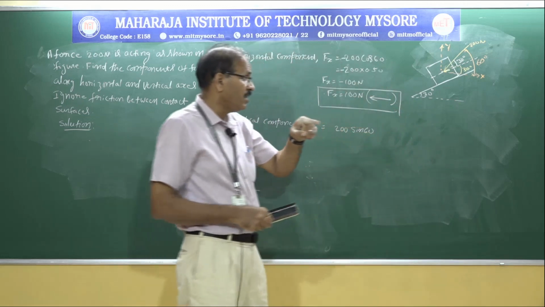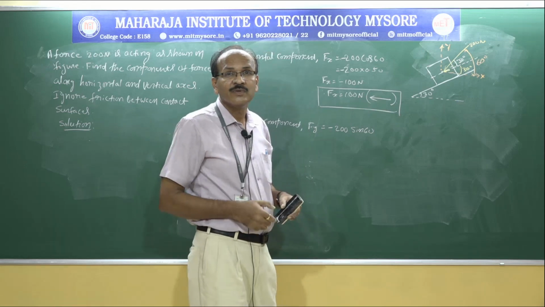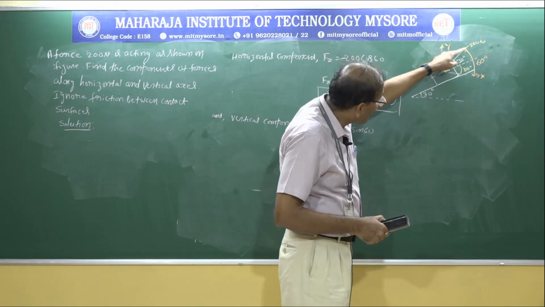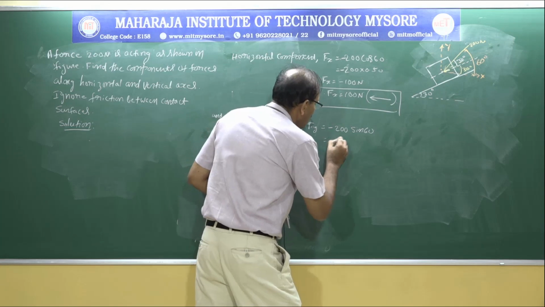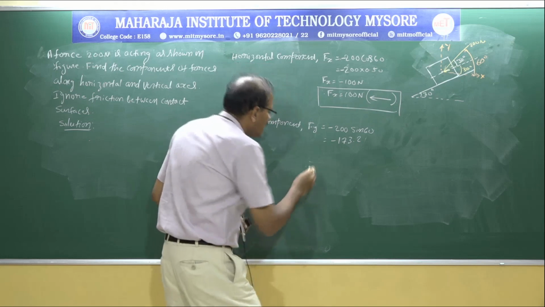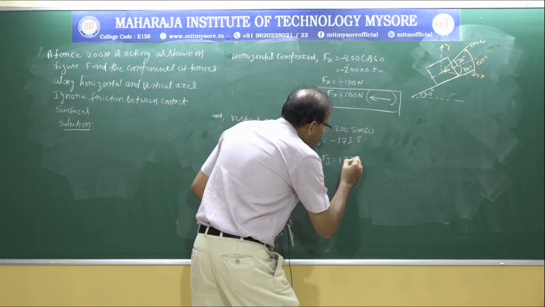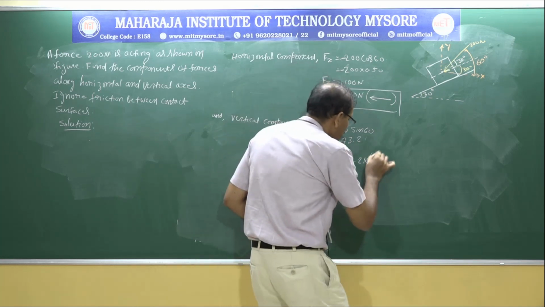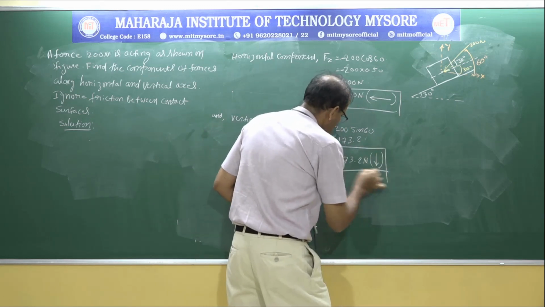According to our sign convention, any force acting downwards is negative. So that is equal to minus 173.2 Newton. That is, Fy equals 173.2 Newton, and minus means acting vertically downwards.